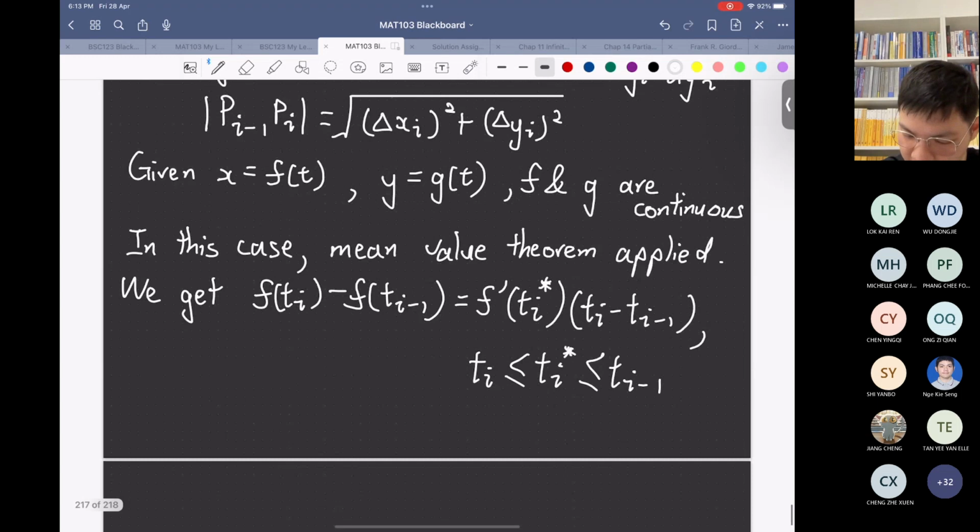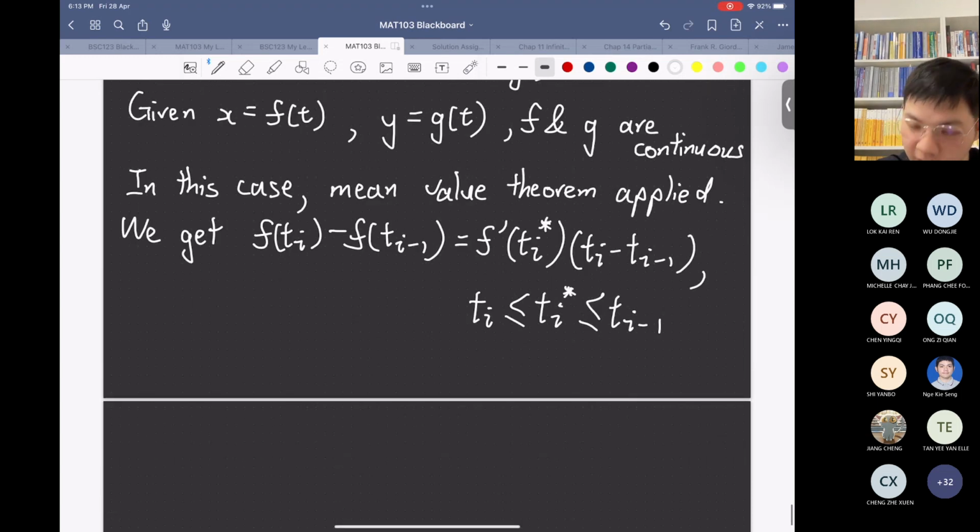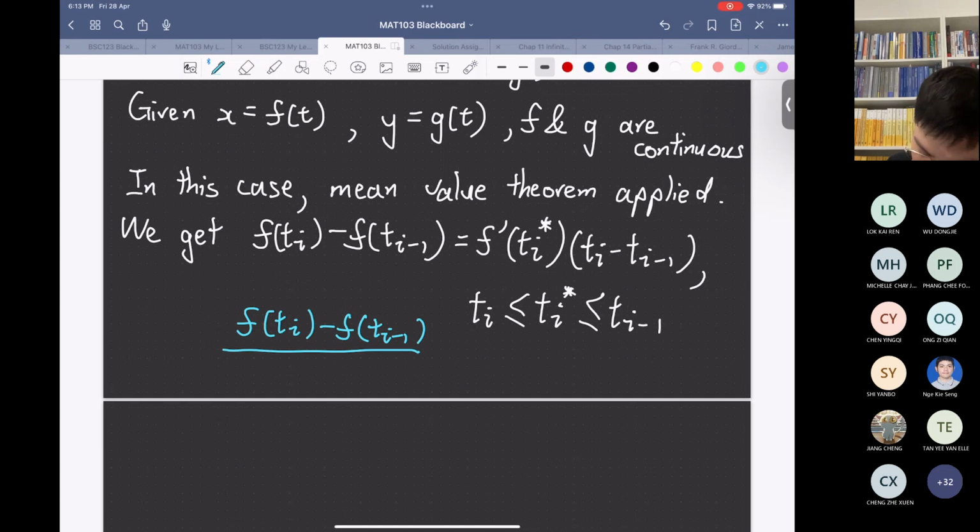I'm not sure how familiar you are with the mean value theorem. Maybe I just briefly talk about the idea. If you rephrase, I mean rearrange it, what you get is really a gradient, right?